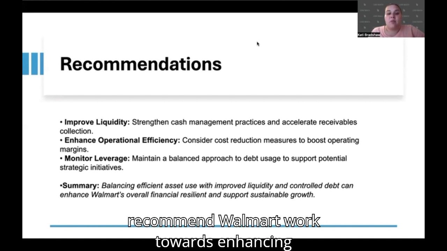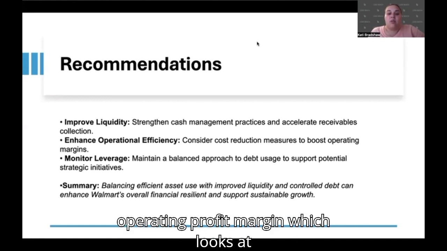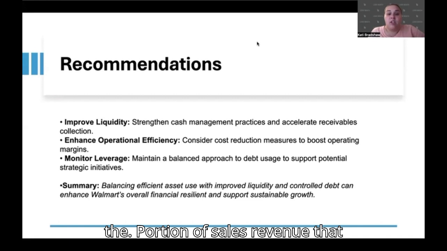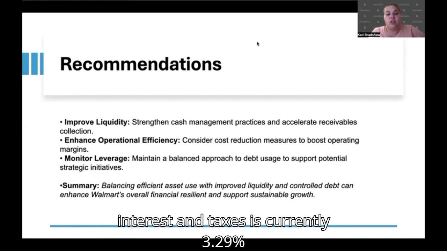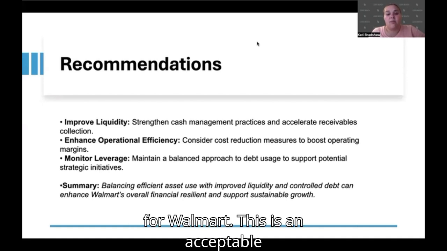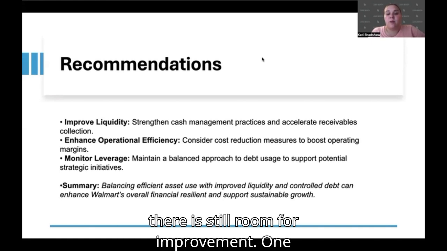Next, we recommend Walmart work towards enhancing operational efficiency. The operating profit margin, which looks at the proportion of sales revenue that turns into operating profits prior to interest and taxes, is currently 3.29% for Walmart. This is an acceptable margin for the retail industry. However, there is still room for improvement.